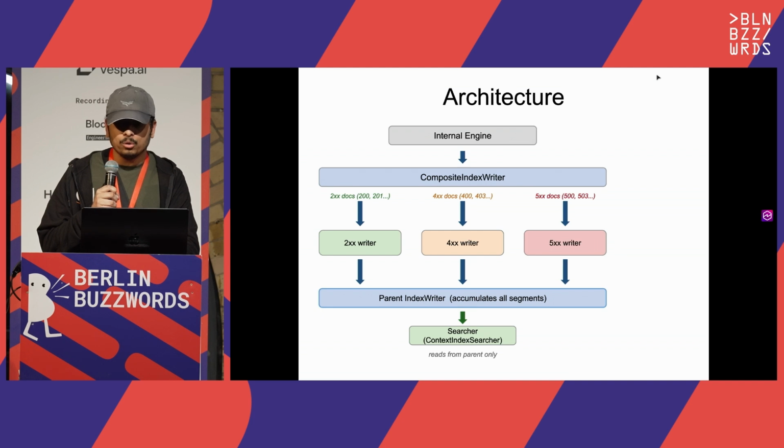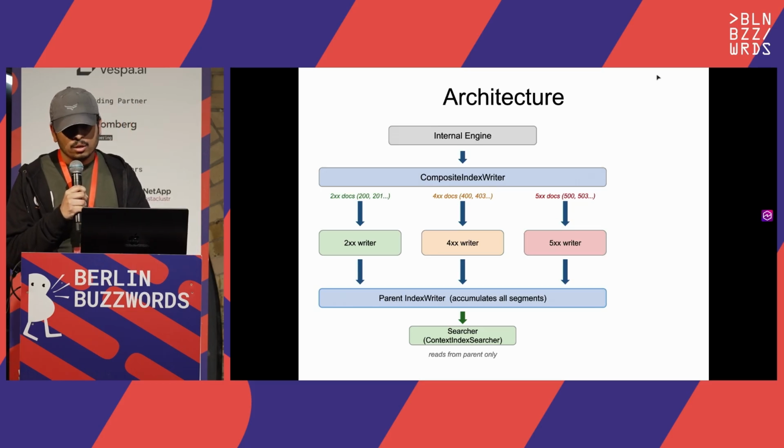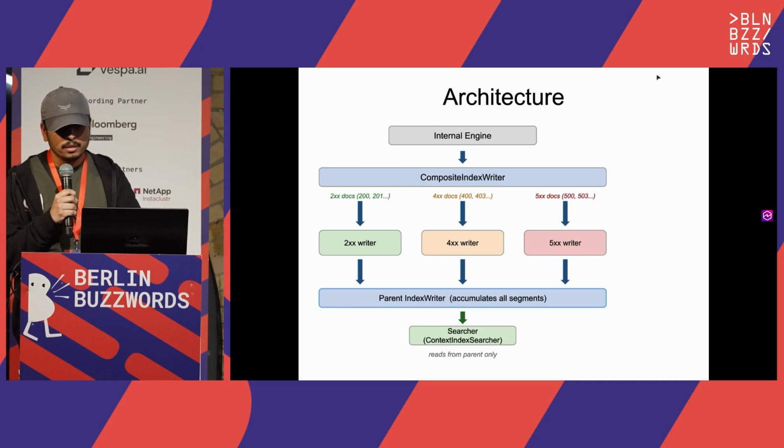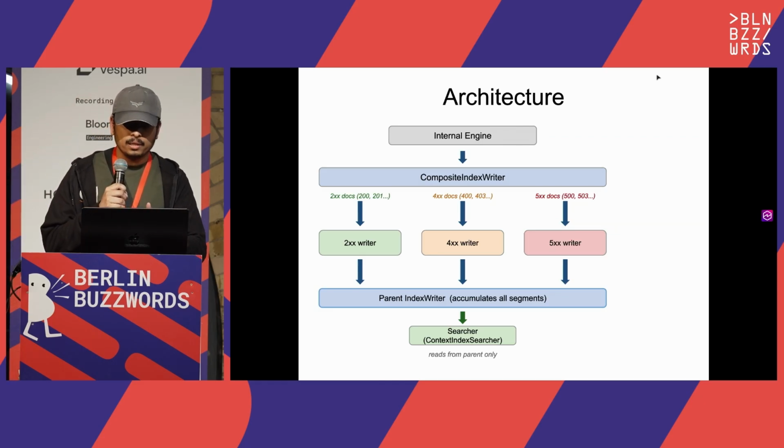So in order to ensure that the contract of one writer per shard is not broken, we introduce something called a composite index writer, which is a component that internally manages a pool of group-specific writers, but externally presents itself as a single view to the internal engine.